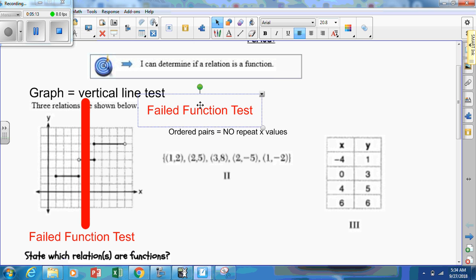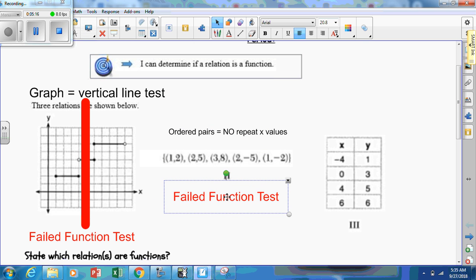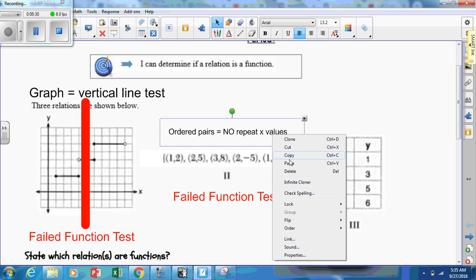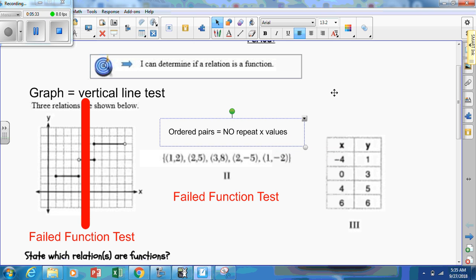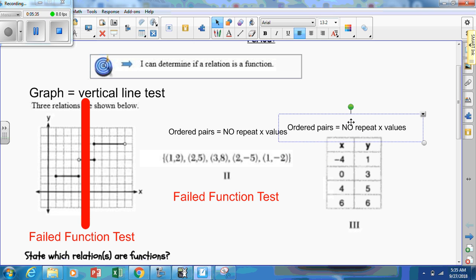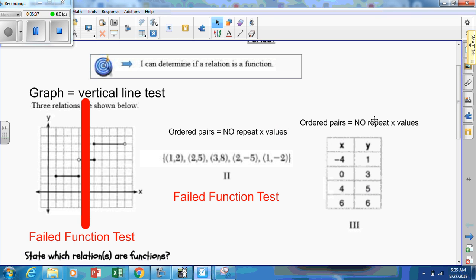Again, this is great because ordered pairs are a lot like tables. No repeat x values. Negative 4, 0, 4, 6. Folks, we're good.